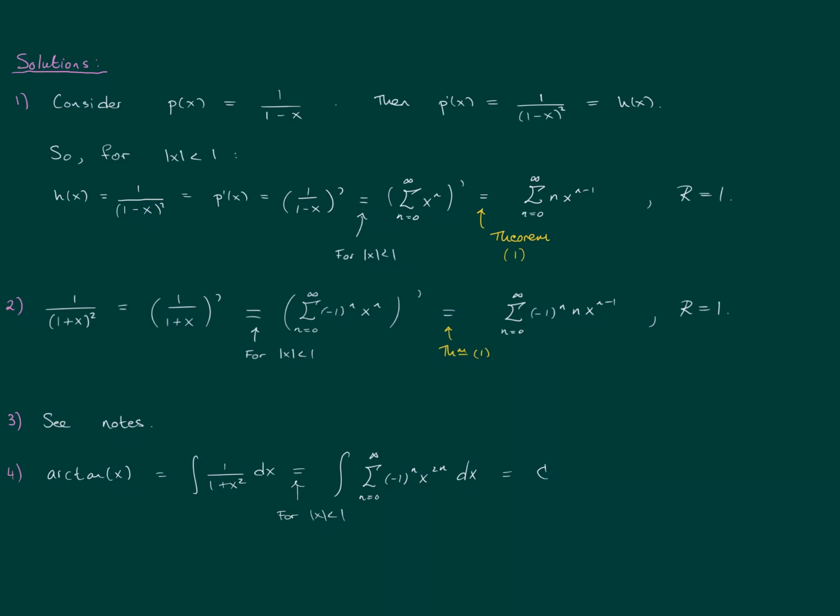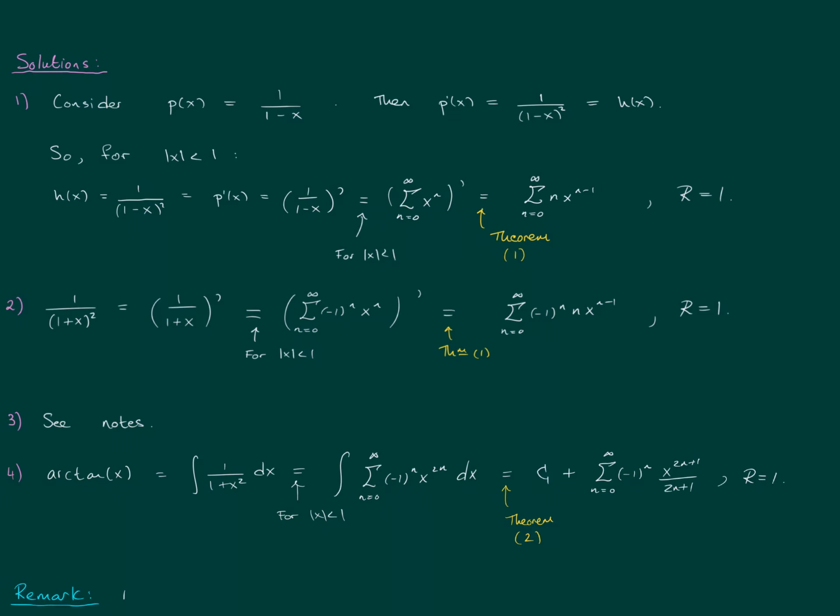And what does the theorem say? It says we can integrate term by term. So we have our constant of integration plus the sum of (-1)^n x^(2n+1) over 2n plus 1. Now, how could you find that C? I'll leave that as an exercise. Try and find what the constant of integration has to be. Think what value of x you could plug into both sides to figure that out.